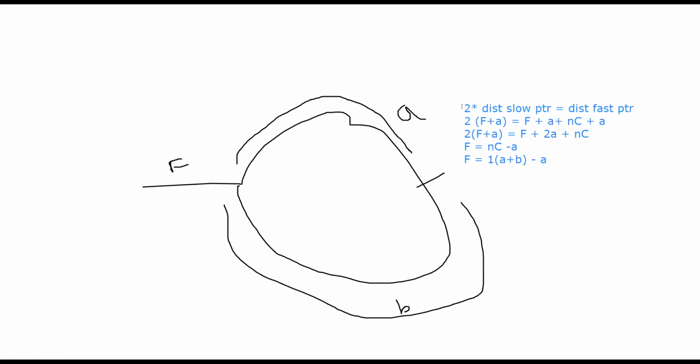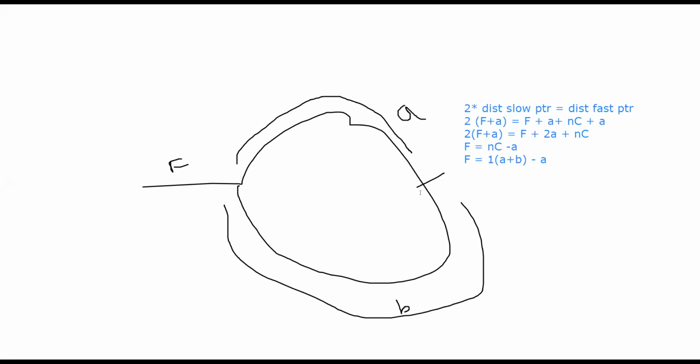That might be the case, but then the whole thing on the fast pointer side will also change, right? You already considered that the fast will complete n cycles before they meet. The same for the slow: it may complete x cycles before they meet.